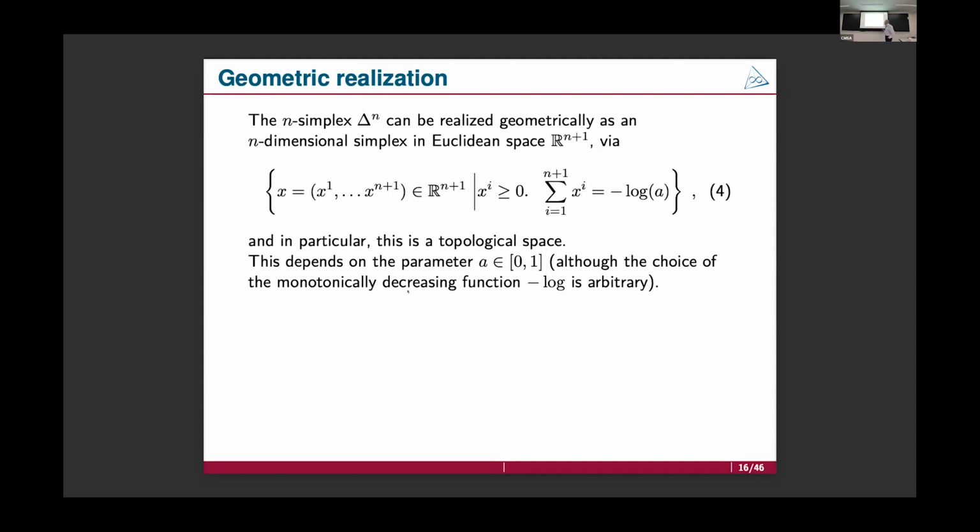So A equal to 1 corresponds to 0, when everything shrinks to a point, and A equals 0 corresponds to infinity, then the simplex is infinitely large. And for those who know topological data analysis, so Rips complexes, I will come back to that again. You should think of it in those terms.